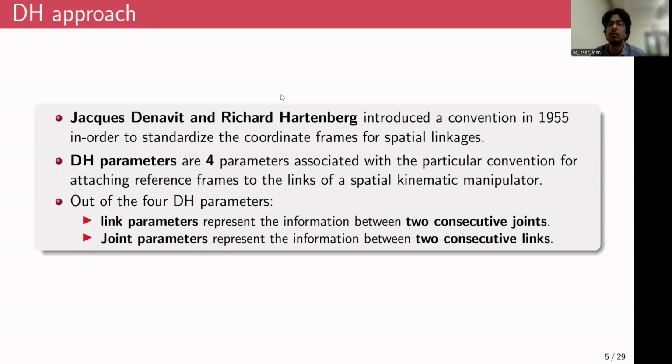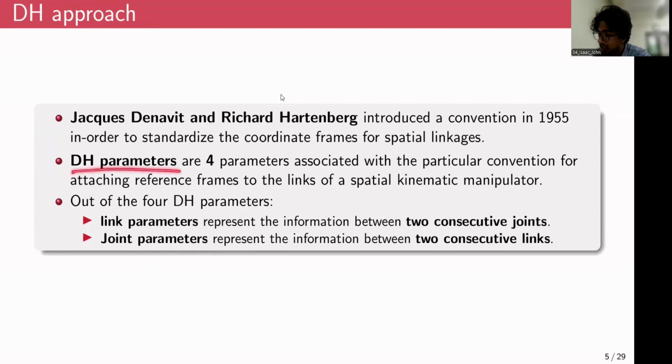With the wide variety of serial manipulators that we have, there has to be a standard method to mathematically model their kinematics, right? So Denavit and Hartenberg proposed a method so that there is a standardized way to assign coordinate frames of reference to these links.